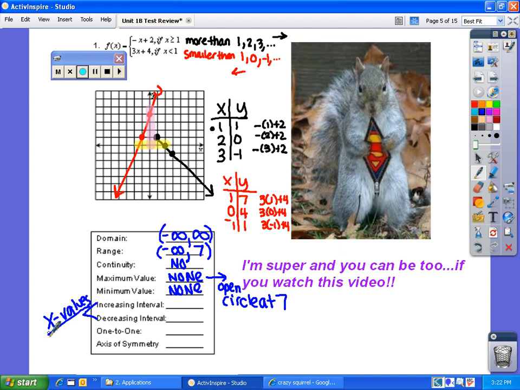Or what x values am I using to make this graph get smaller? So if I look here and I evaluate all of these x values, this graph is increasing. And I need to know what are all of these x values that I'm using to make this graph increase.